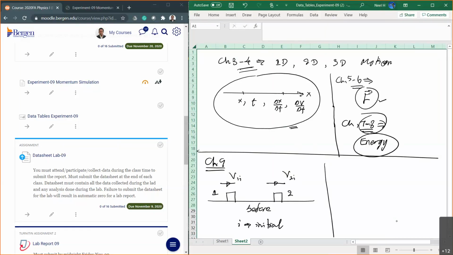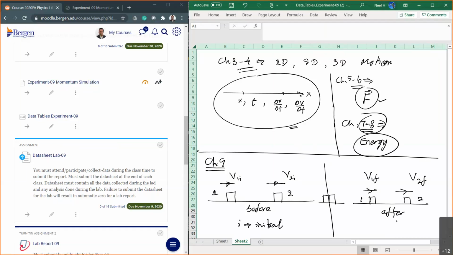At some point, these two objects will collide with each other, and then after the collision, maybe both objects move in the same direction, maybe one can bounce back. We don't know what's going to happen, but we can study that. So what happened after the collision? Object 1 can change its velocity. Object 2 can change its velocity.